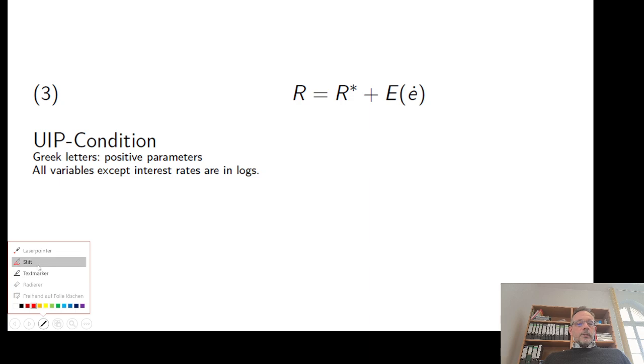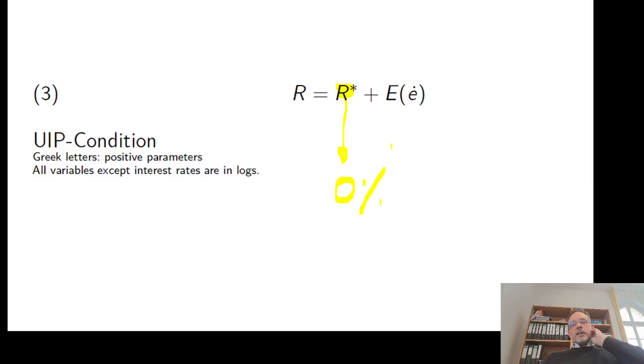So let's assume that the ECB has decreased the foreign interest rate to the level of 0. So the ECB decreases the foreign interest rate to 0, but we still have appreciation expectations. Let's assume that the agents believe that the exchange rate will decrease by 5% per year.